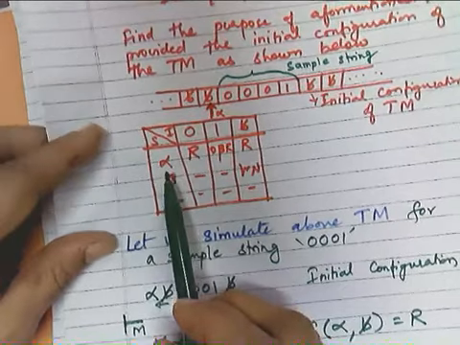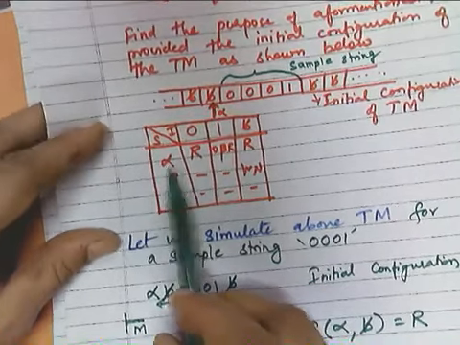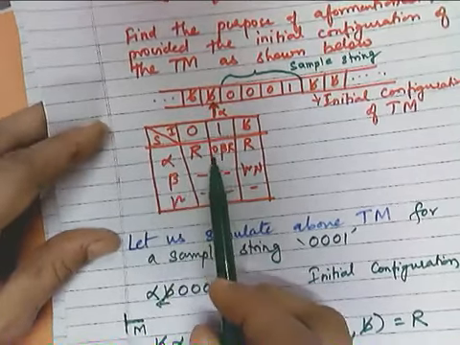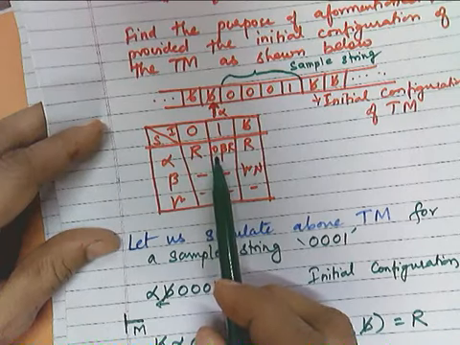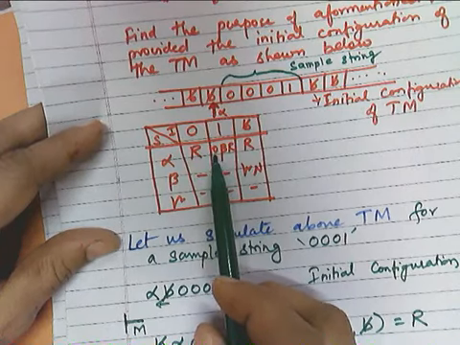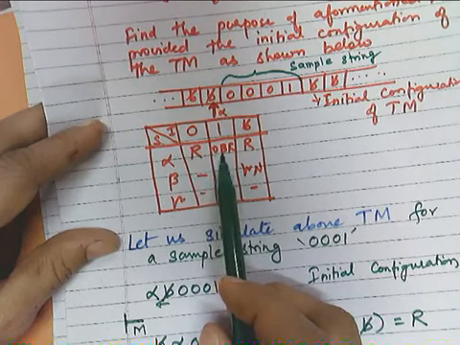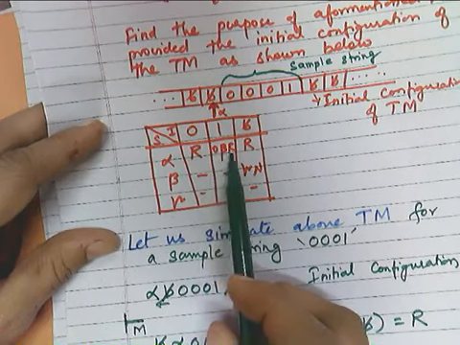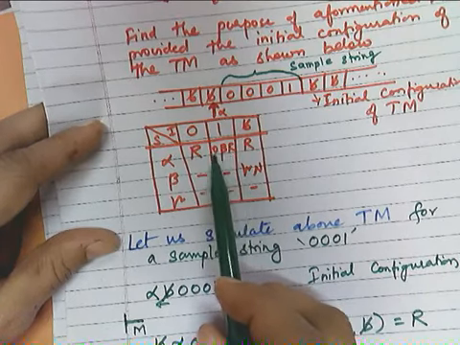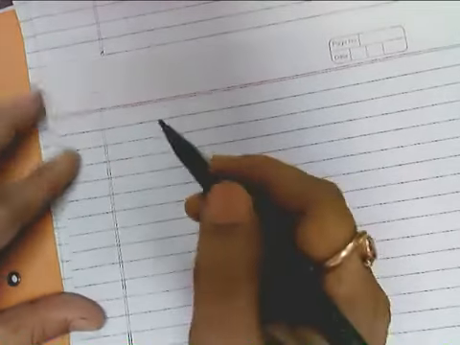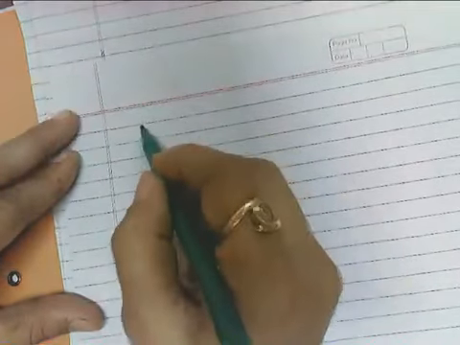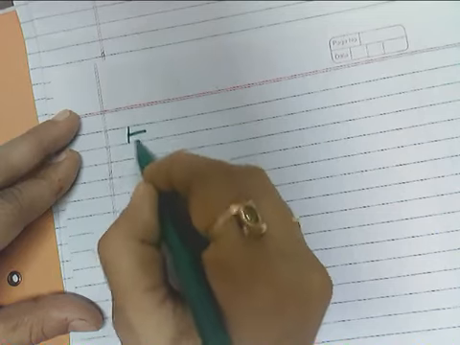So what is the next move? We need to check in this table. For alpha with 1, it changes the input symbol read to 0, changes the state to beta and moves towards the right. So we want to reflect this in the simulation. So how will we reflect it? We will write the next TM.